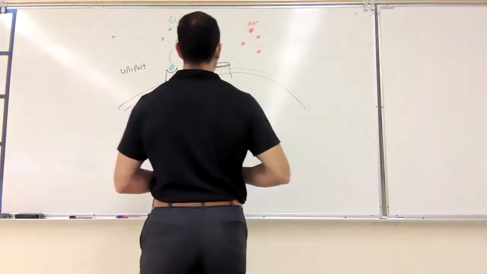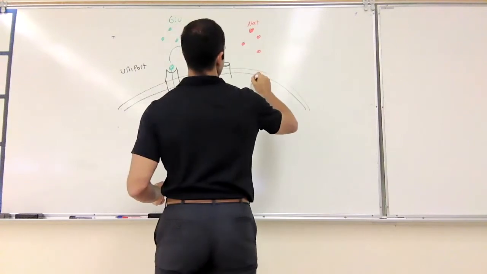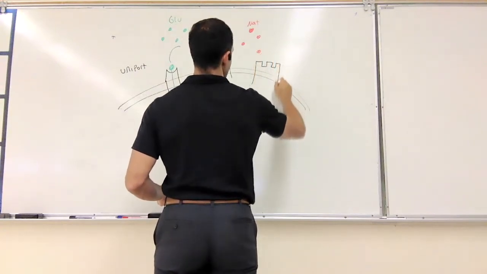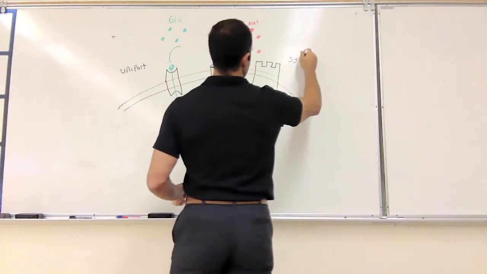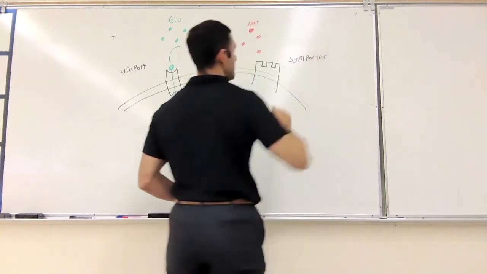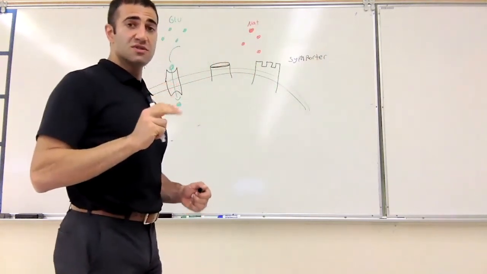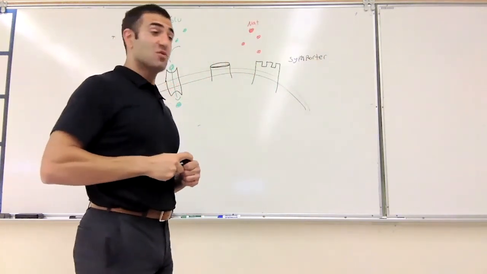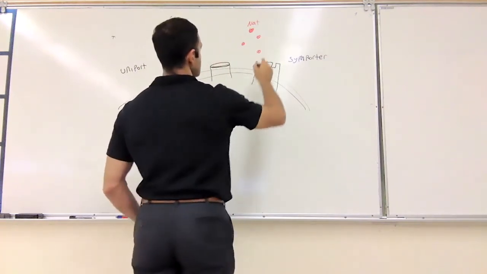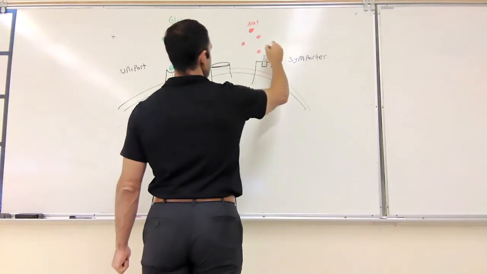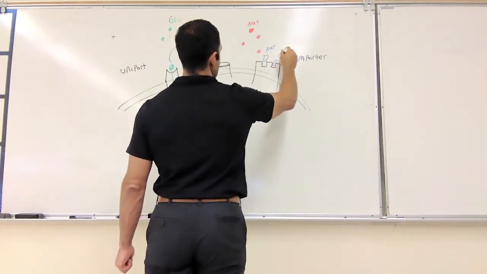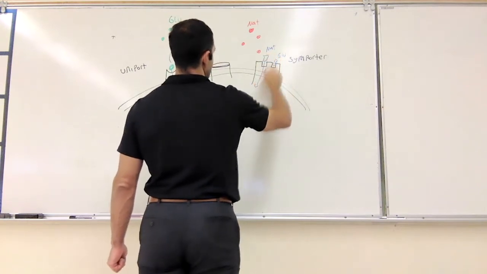And with these, we have two examples. The first is called a symporter, which I'll write over here. Symporter. These move two molecules in the same direction. So for example, it can be sodium and glucose. And it moves them both in the same direction.